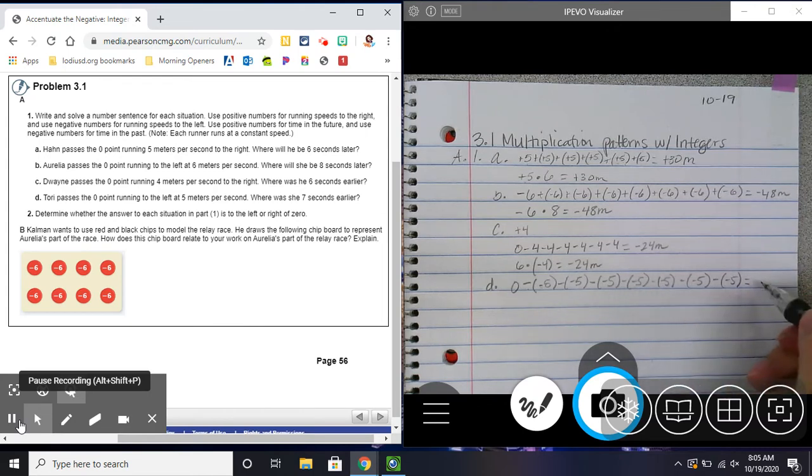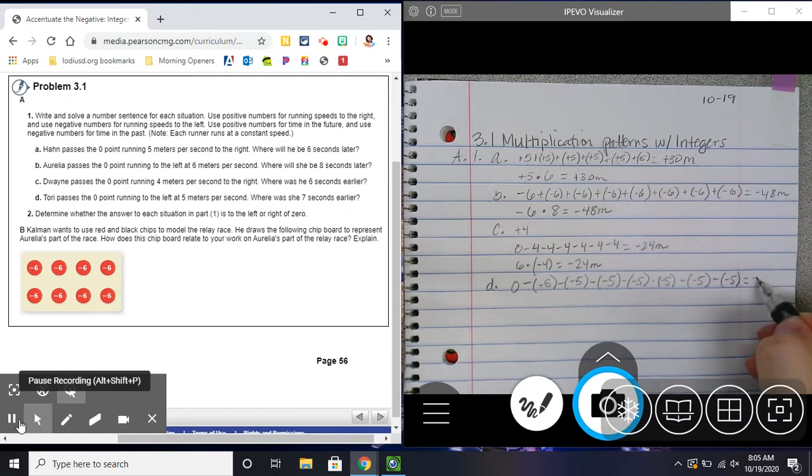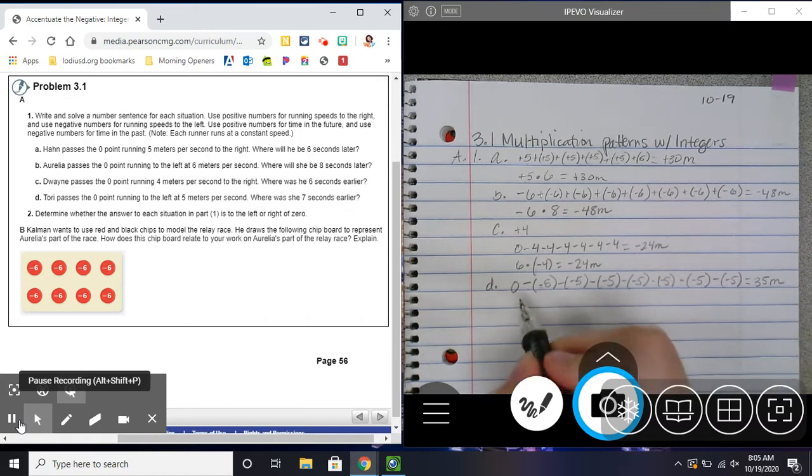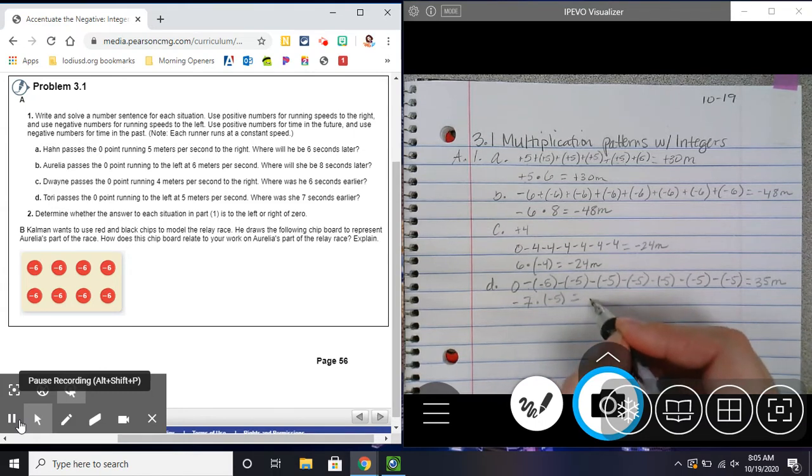If you remember, these cancel each other out, so it's basically 5 times 7, which would be 35 meters. You're going back 7 in the past, and then the -5, which would be +35 meters.